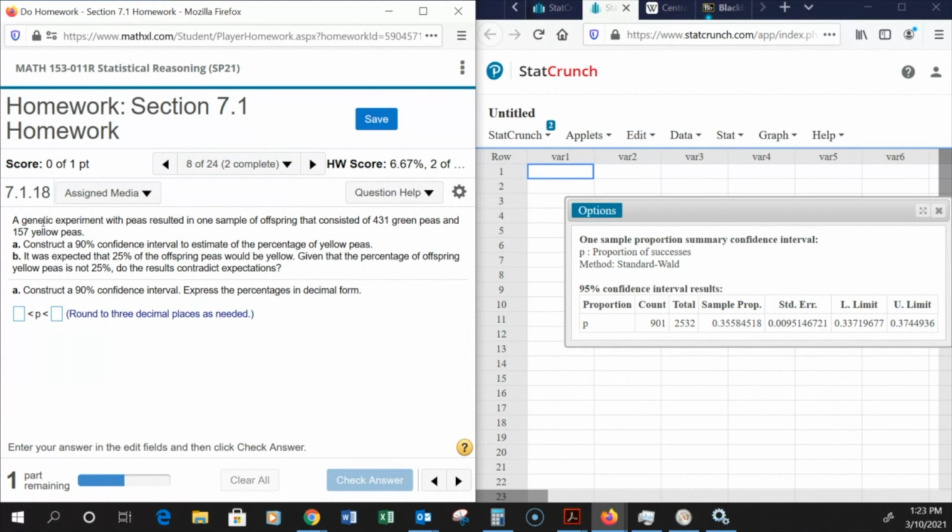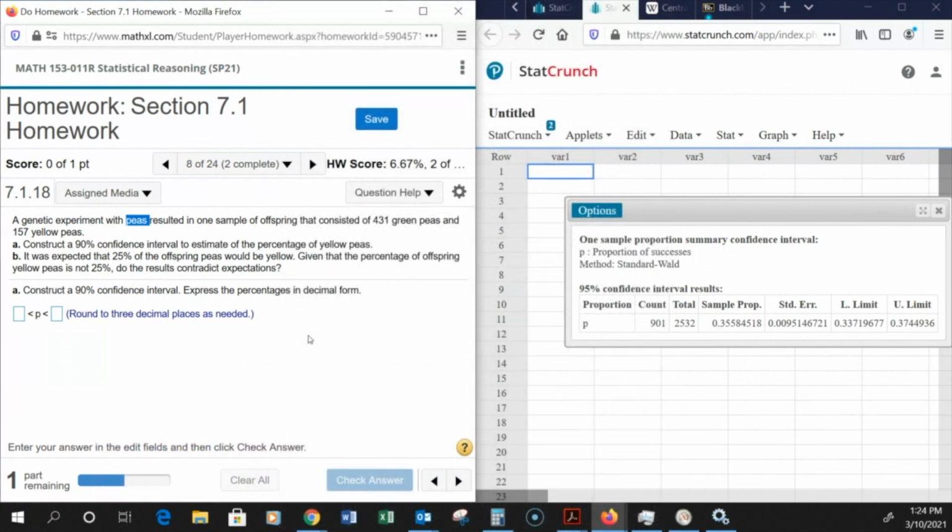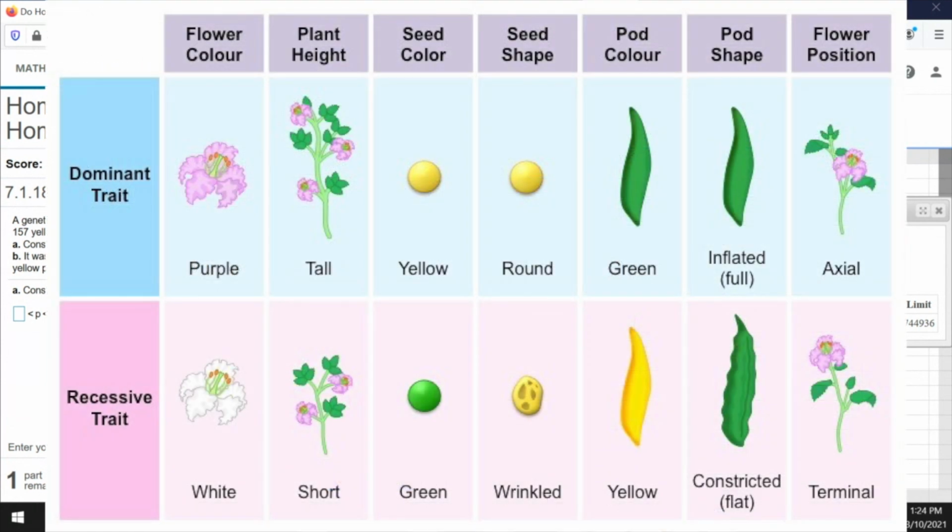I like this question a lot because it involves genetic experiments, and you can remember this is Gregor Mendel, who was a Polish monk in the late 1800s. He was doing work with peas in his monastery garden, and there were different sorts of peas, some green and some yellow, some smooth skinned and some wrinkled skin.